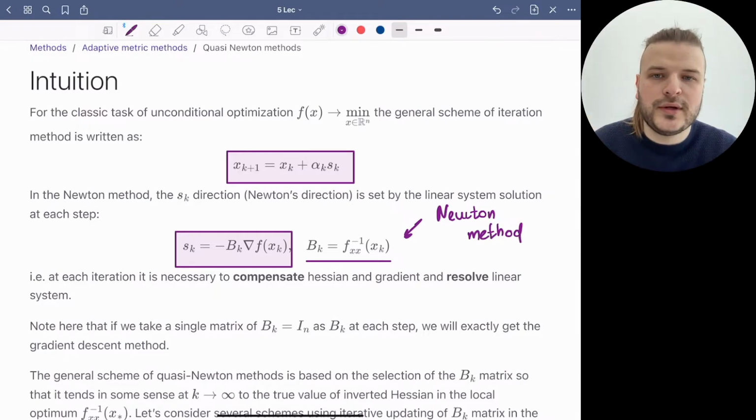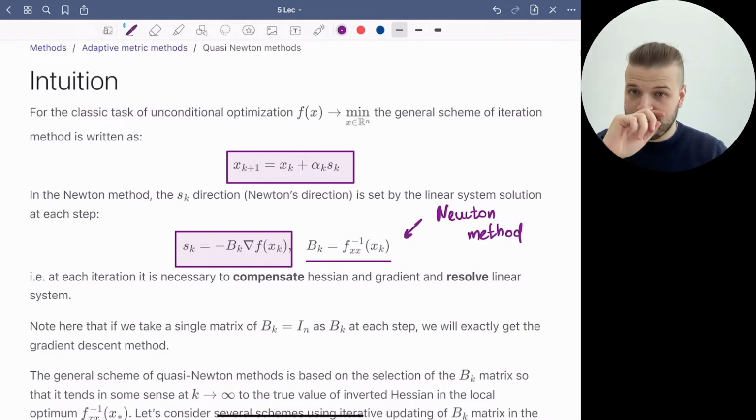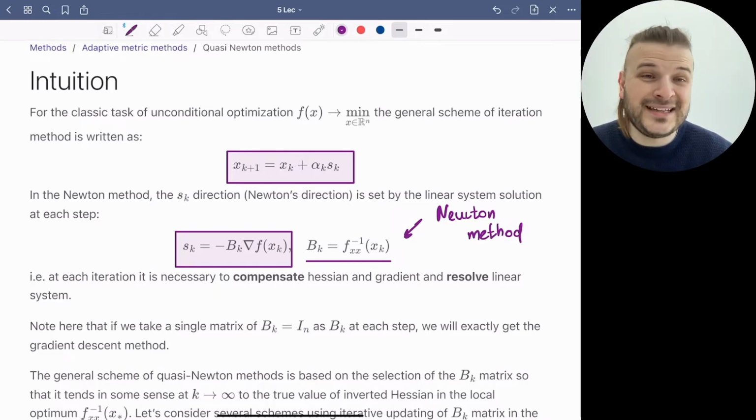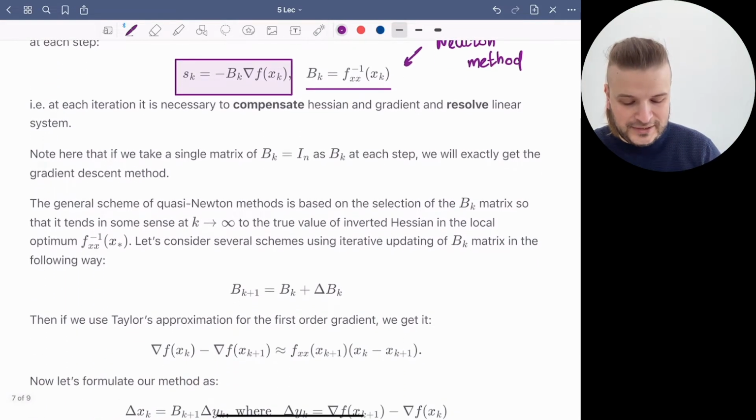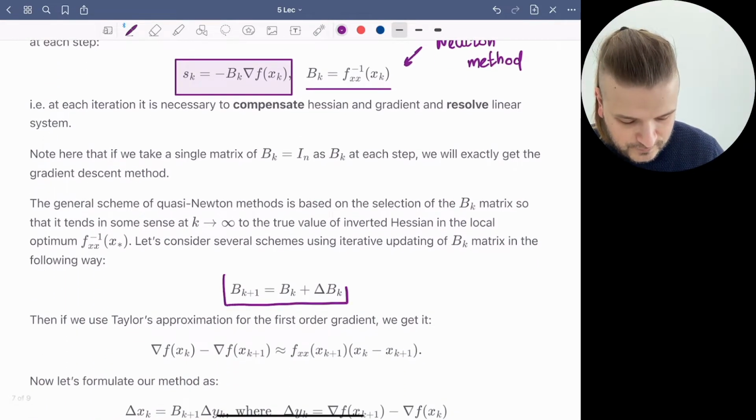But our goal is to find something which tends to the inverse Hessian, but is a little bit easier to compute. So we have some iterative procedure here.